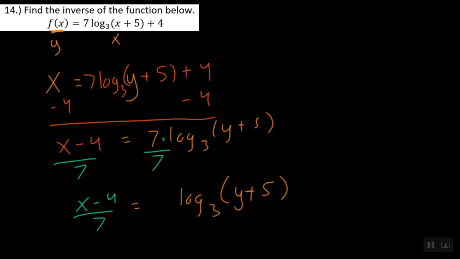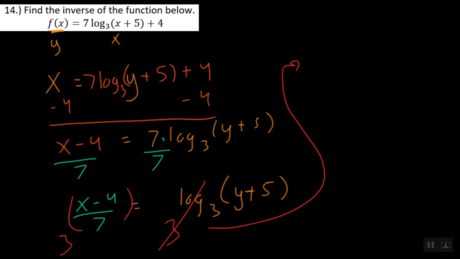We know that we want to raise it up into the base 3 and base 3. And at this point, those two things cancel, and we should now have this. Let's rewrite over here. We have 3 to the x minus 4 over 7. You really want to emphasize that that is small and in the exponent. And leftovers are y plus 5.